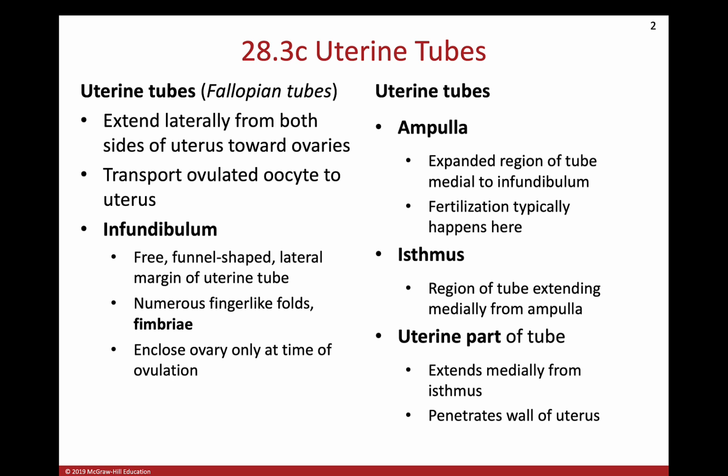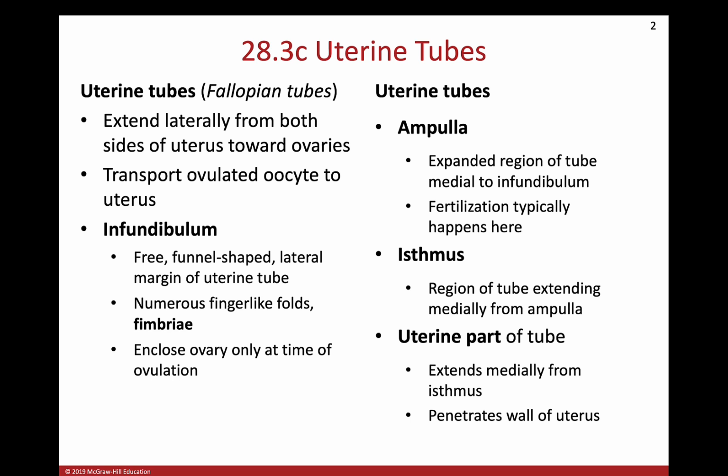It has numerous finger-like folds known as the fimbriae. And the fimbriae will enclose the ovary only at the time of ovulation. So imagine that you basically have a funnel and the fimbriae completely encircling or enclosing the ovary, making sure that the egg can only go one place once ovulated.